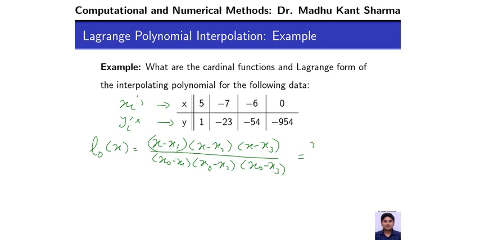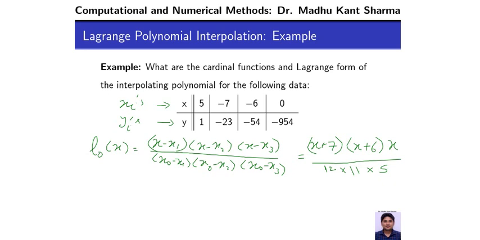So this is equal to: x minus x1 is minus (minus 7), so x plus 7, times x minus x2 is minus (minus 6), so x plus 6, times x, divided by x0 minus x1, so 5 minus (minus 7), so 12, into x0 minus x2, so 5 minus (minus 6) is 5 plus 6 is 11, into x0 minus x3, that is 5. So this is your L0 of x.